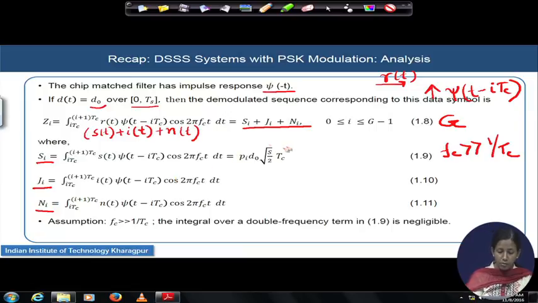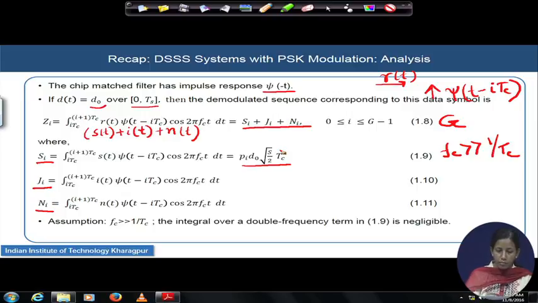If we proceed by avoiding those higher order terms, we end up with pi d0 square root of S by 2 Tc. We have seen this expression earlier, and I explained how we arrived at it in an earlier module. So, the integration boils down to pi into d0 root of S by 2 Tc, where pi is the value of the ith chip, d0 was the transmitted signal, S is the power associated with the transmitted signal, and Tc is the chip duration.